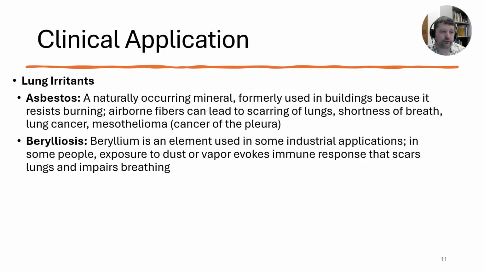Berylliosis, or beryllium, is an element that's often used in industrial applications, and it's very similar or as dangerous as asbestos in the sense that it creates scars. And anything that's going to create scars in the lungs is dangerous because you'll have dead space.